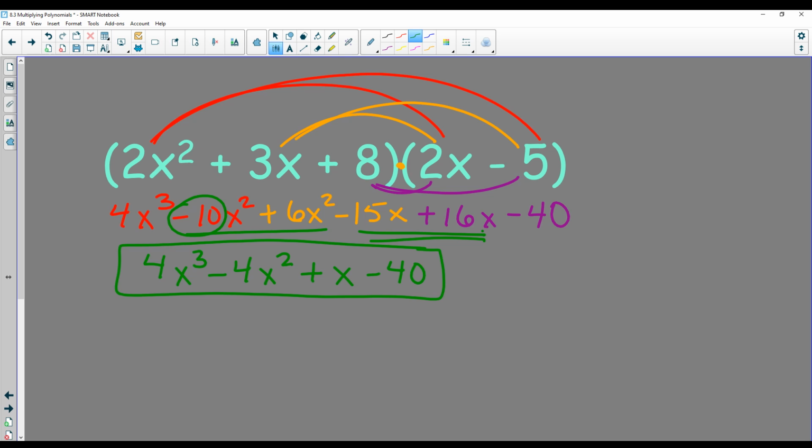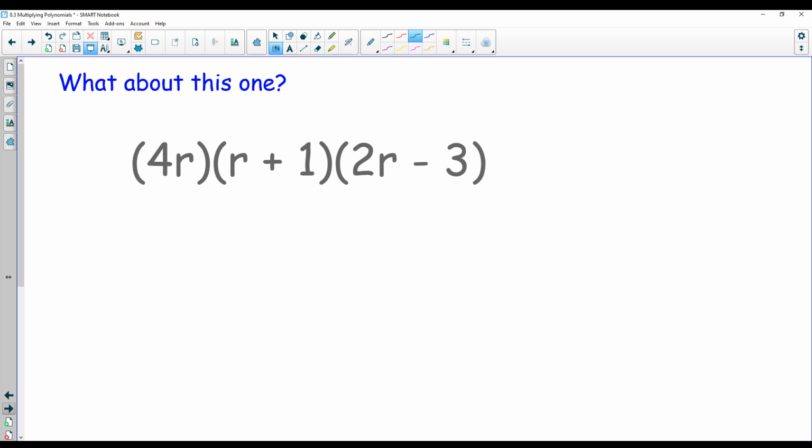Okay? And one more. So we did some that look like this, where we have a monomial, a binomial, and another binomial, but the key here is that there's actually 2 rounds of multiplying. When you multiply 3 numbers together, you only multiply 2, and then you take that answer times the next one. So you can pick any 2 of these factors. We've got 3 factors here. Multiply 2 of them together.